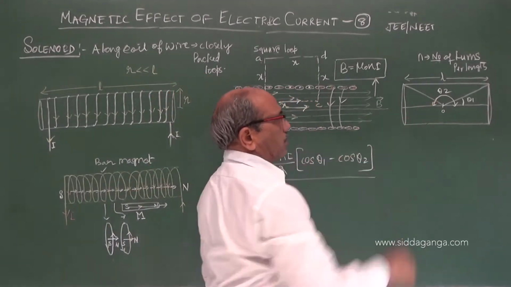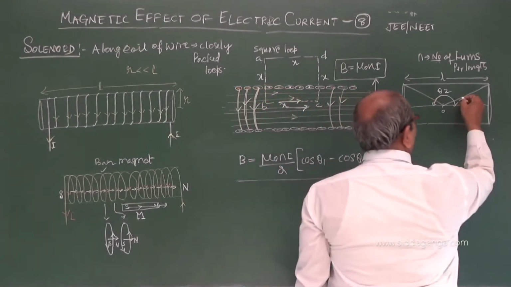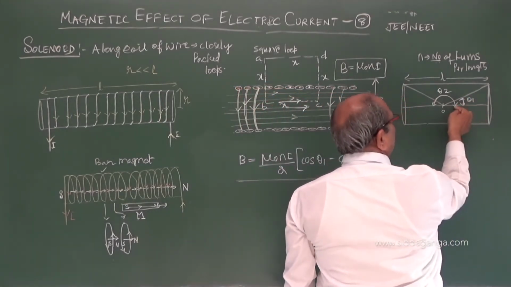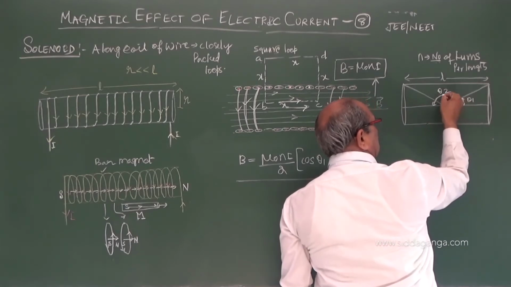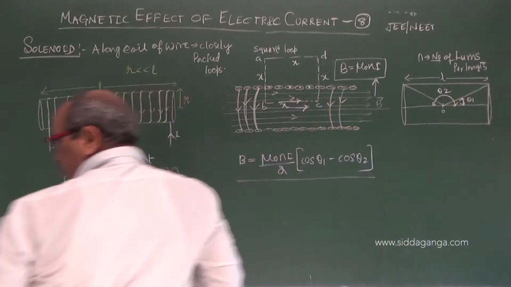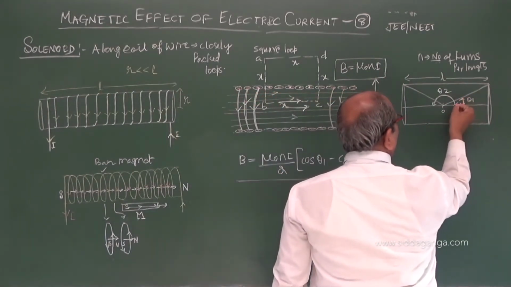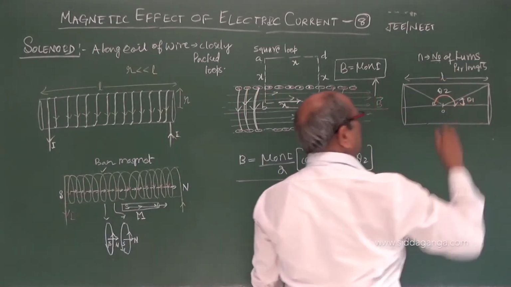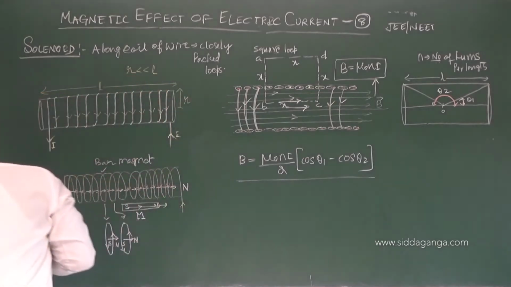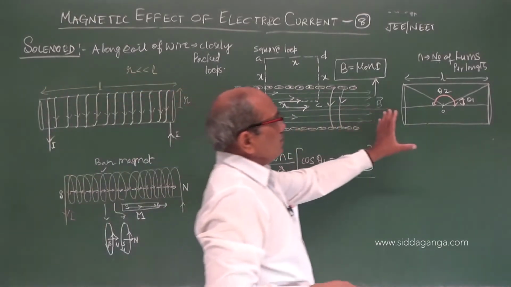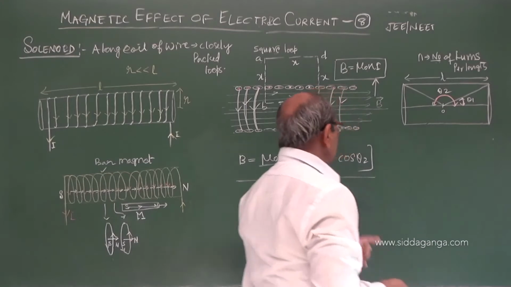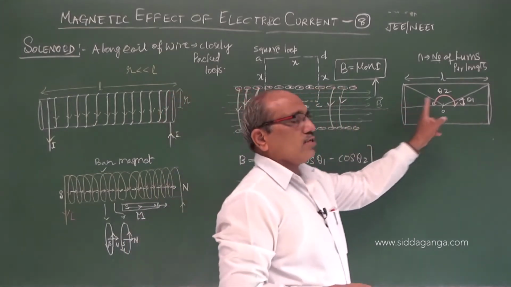The same length L, but theta 1 and theta 2 are measured from the same side. So if you take the angle, this is theta 1 and this is theta 2. Now this is a general equation where we can measure the magnetic field along the axis of the solenoid.